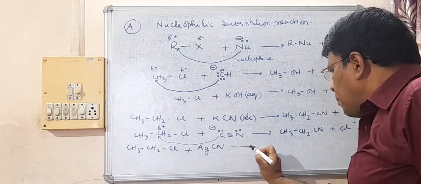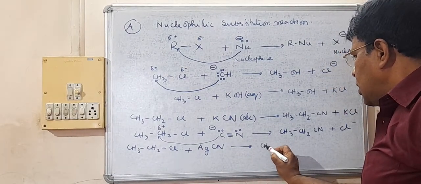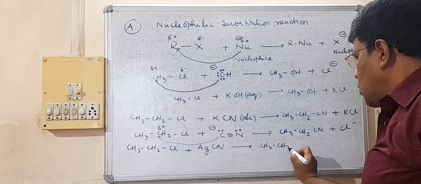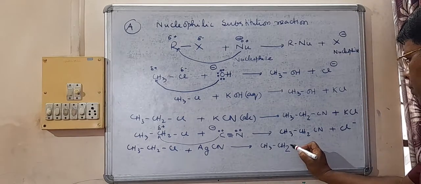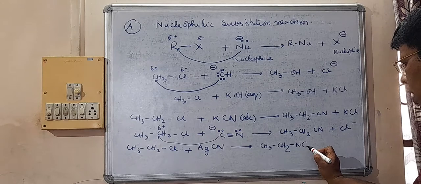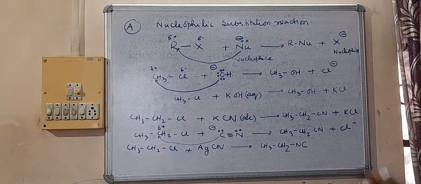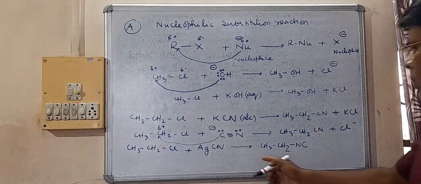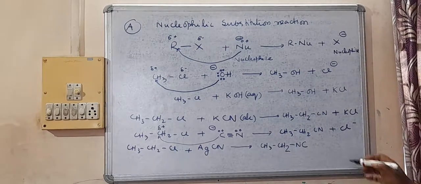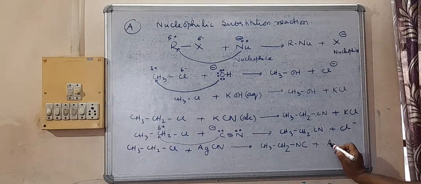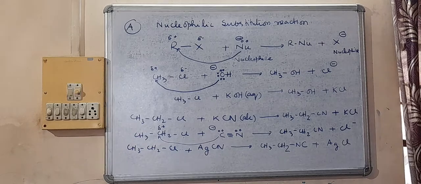The product that forms is CH3CH2NC. Here it is CN, here it is NC, plus AgCl.